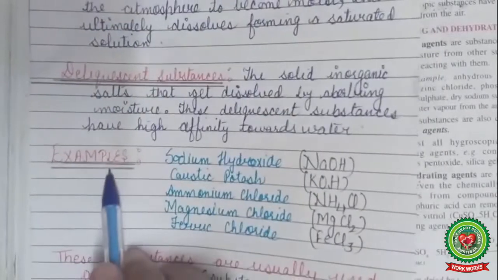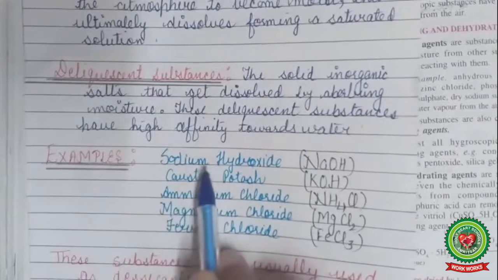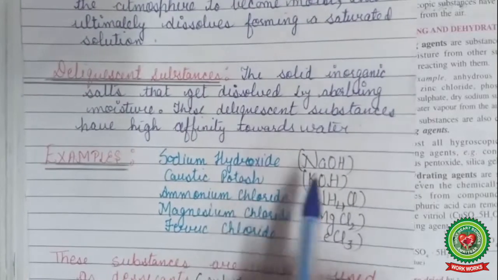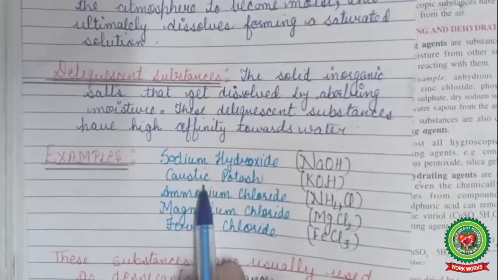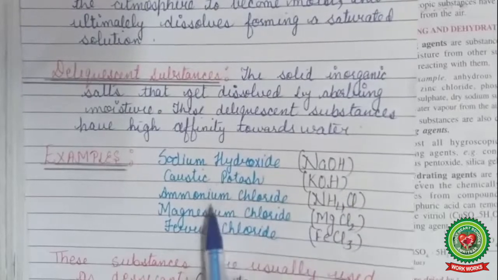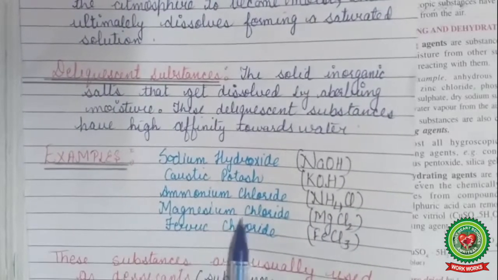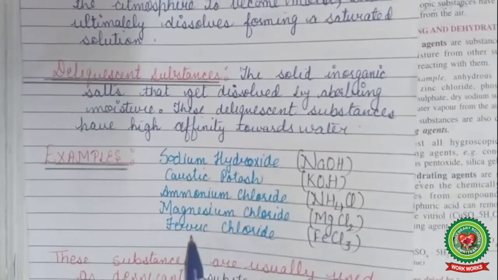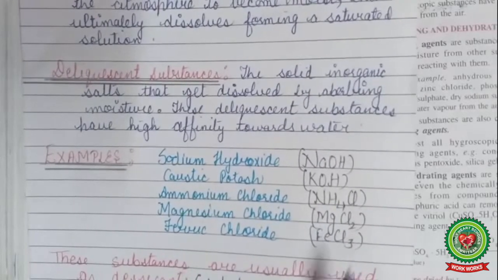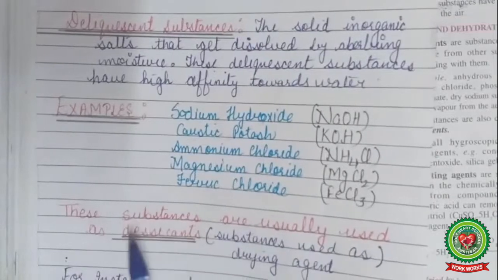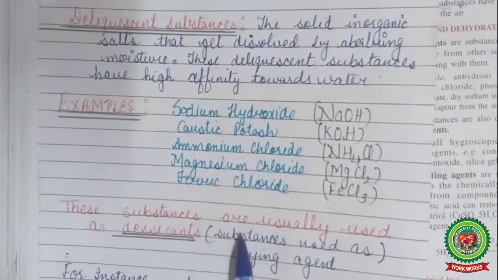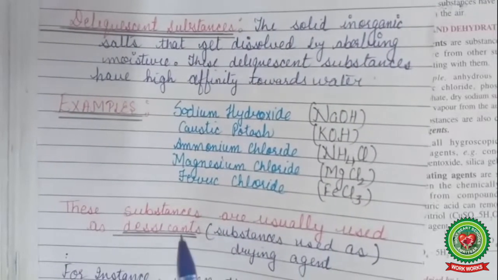So let's start with its examples. First one is sodium hydroxide, formula NaOH, caustic potash, KOH, ammonium chloride, NH4Cl, magnesium chloride, MgCl2, ferric chloride, FeCl3. These deliquescent substances are usually used as desiccants.